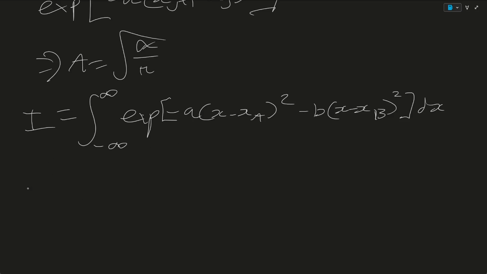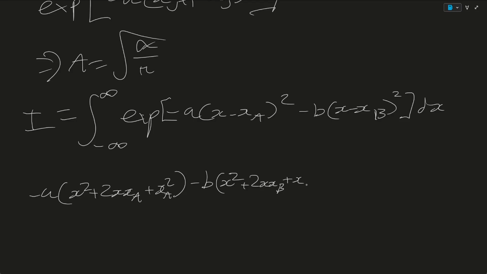In fact, we will expand it. So just the inside: minus a (x squared minus 2x x_a plus x_a squared) minus b (x squared minus 2x x_b plus x_b squared).